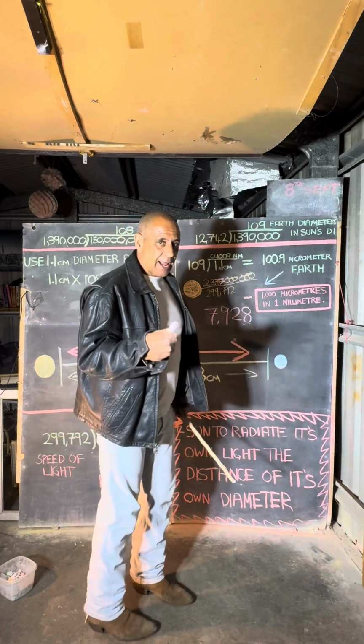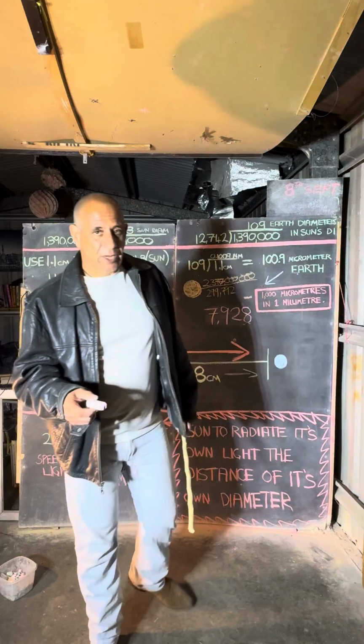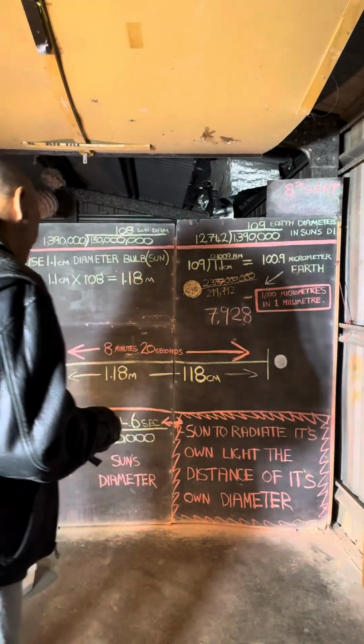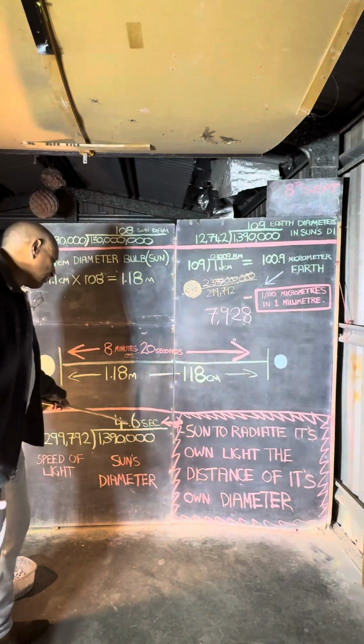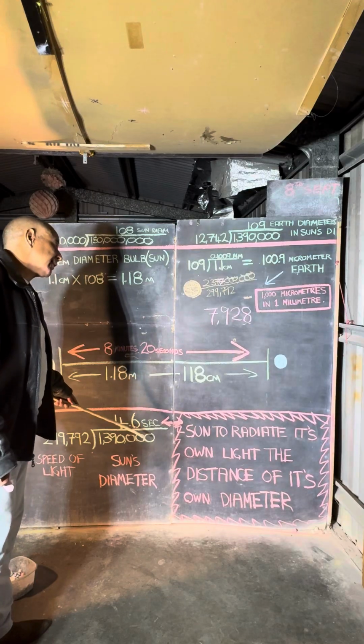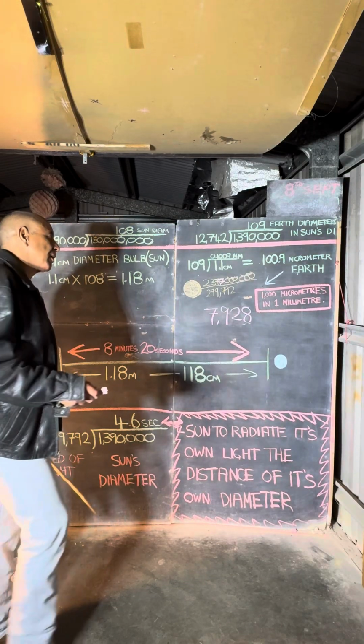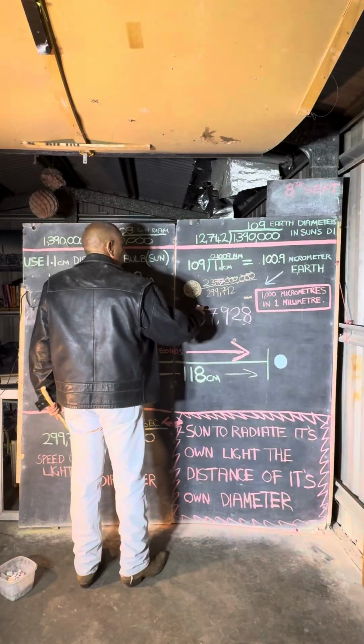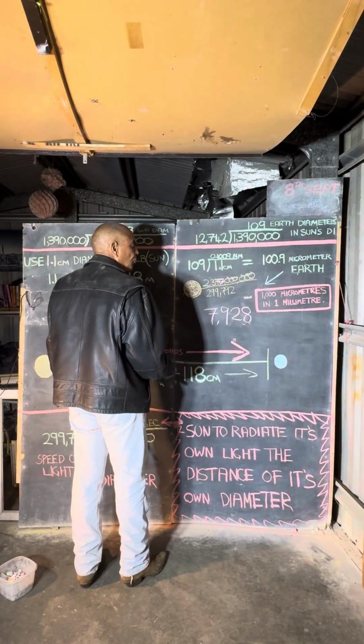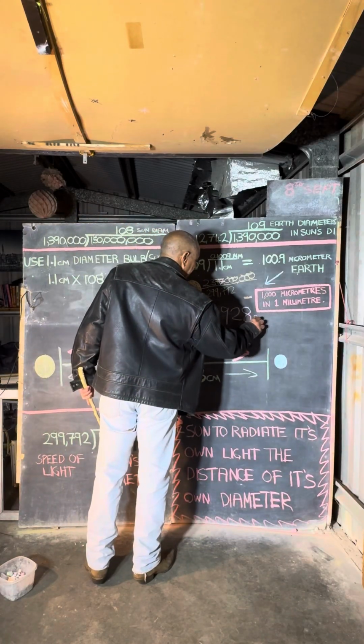If we divide our sun's diameter, 1,390,000 by 299,792, we get 4.6. That's seconds. If we divide UY Scooty's diameter by the speed of light, we get 7,928 seconds.